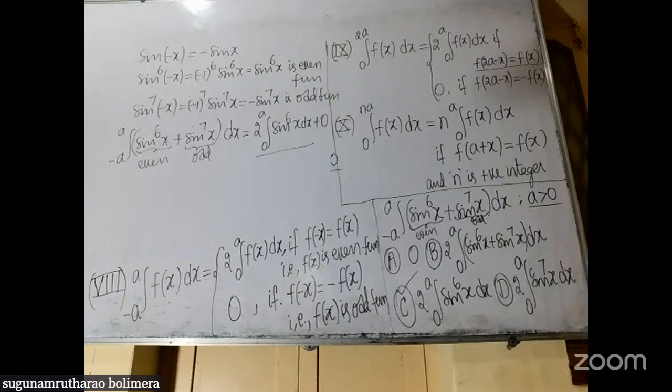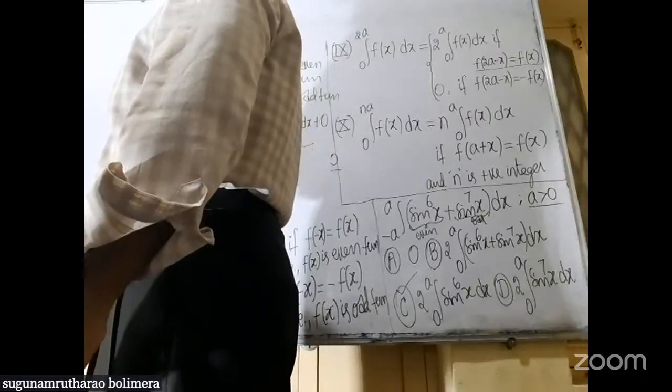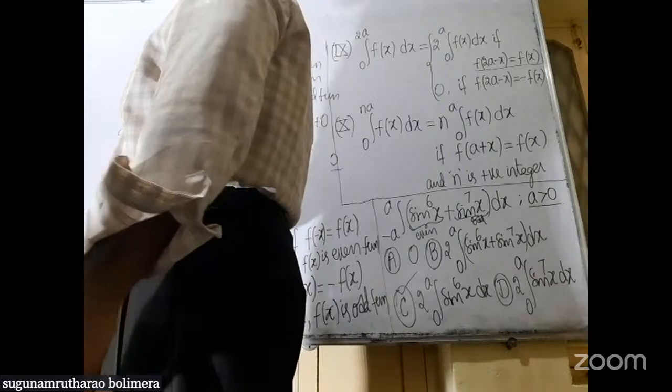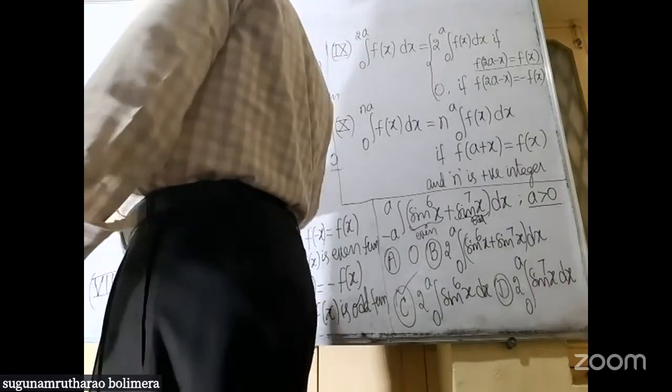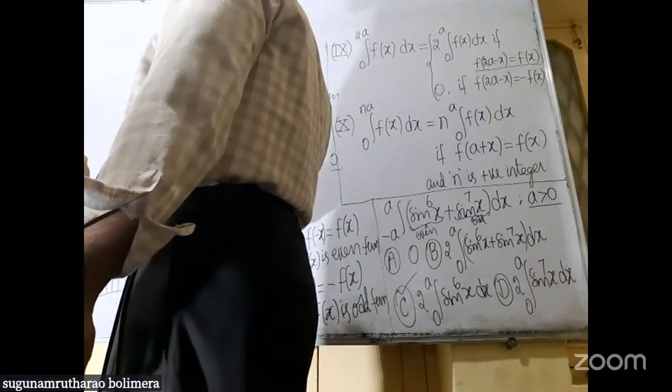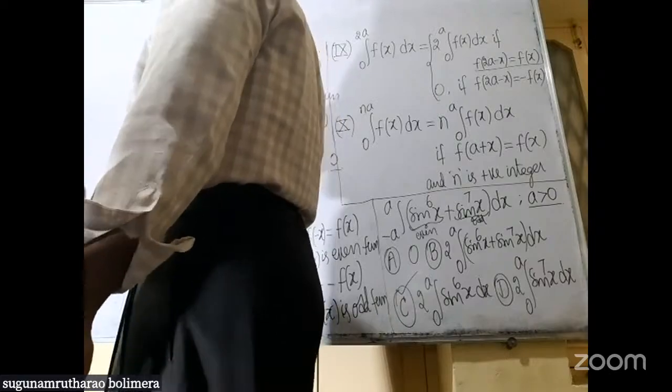And the next one. Integral 0 to pi by 2 of (cos x plus i sin x) by (cos x minus i sin x) dx.